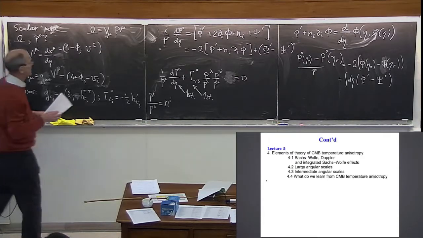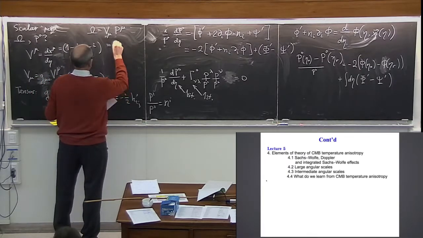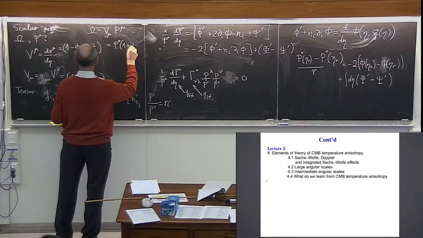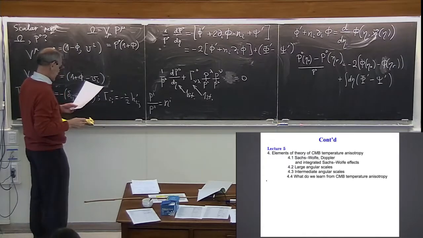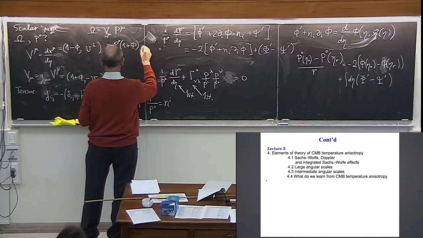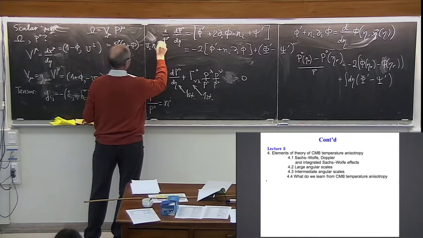Okay, so it's equal to P naught times (1 plus phi) times (1 plus phi), minus v i p i, which is n i P naught.